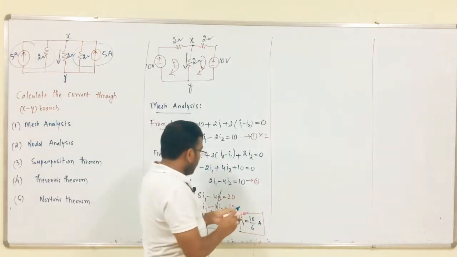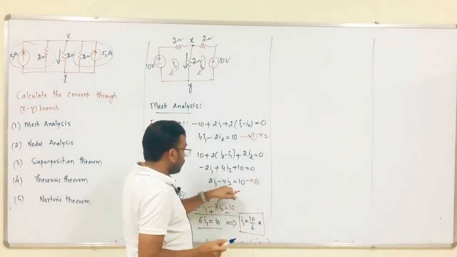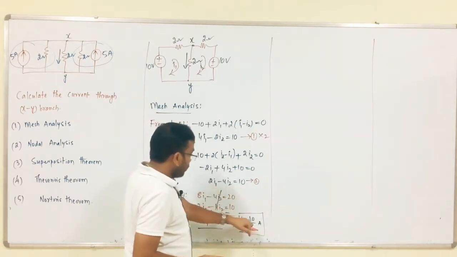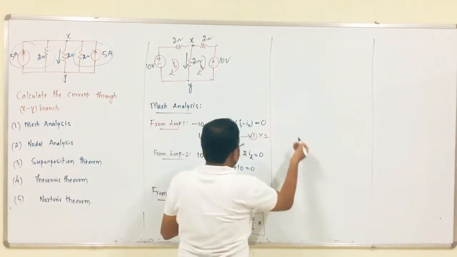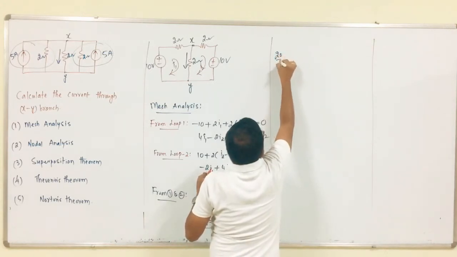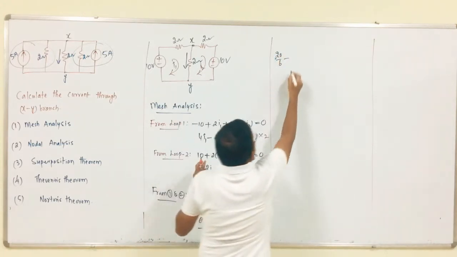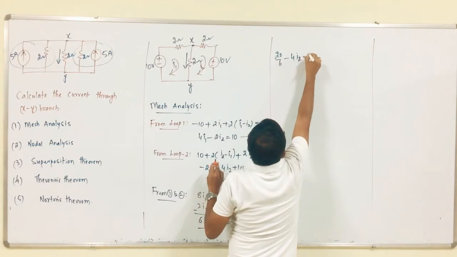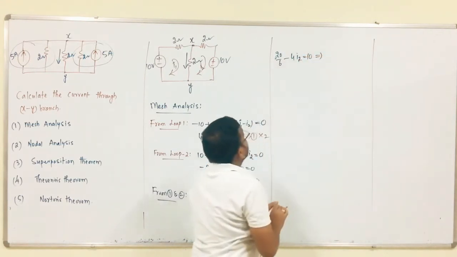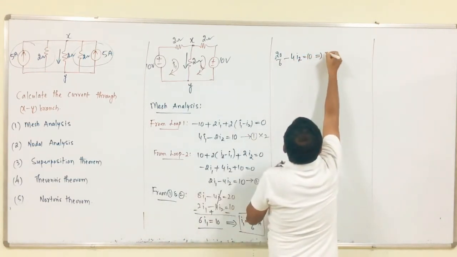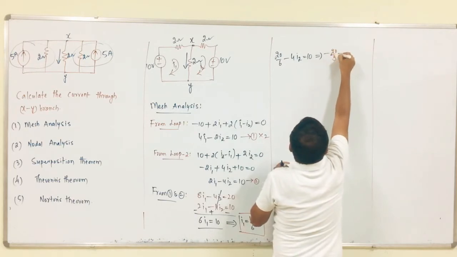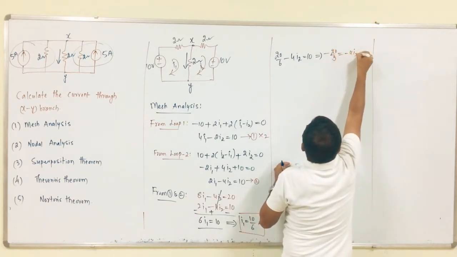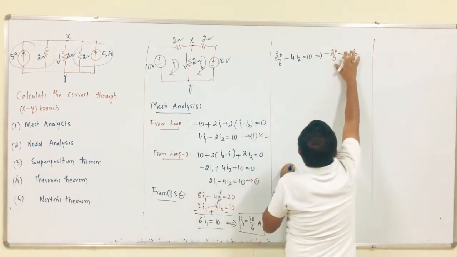From the circuit, 2 into I1 minus 4 I2 equals 10, no. So, 2 into 10 by 6, that is 20 by 6, minus 4 I2 equals 10. From this, minus 20 by 3 is equal to minus 4 I2, sorry, plus 4 I2.